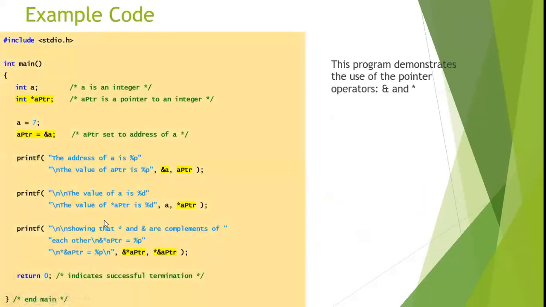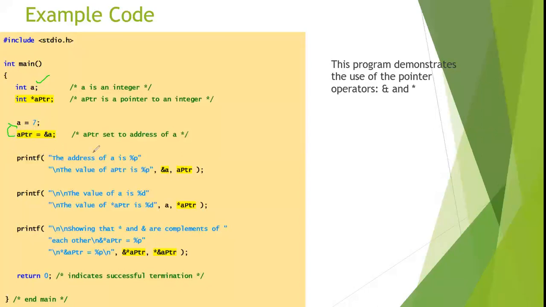This is my code. It's a basic simple code. It tells you what the use of pointer operators is. We have a, and I'm saying pointer aptr. It's a name; you can write any name. I say a equals 7, and aptr is pointing to ampersand a. aptr is storing the address of a, not the value of a, the address of a.